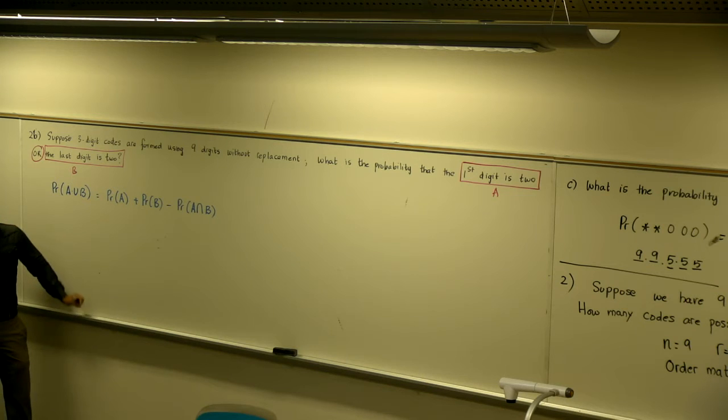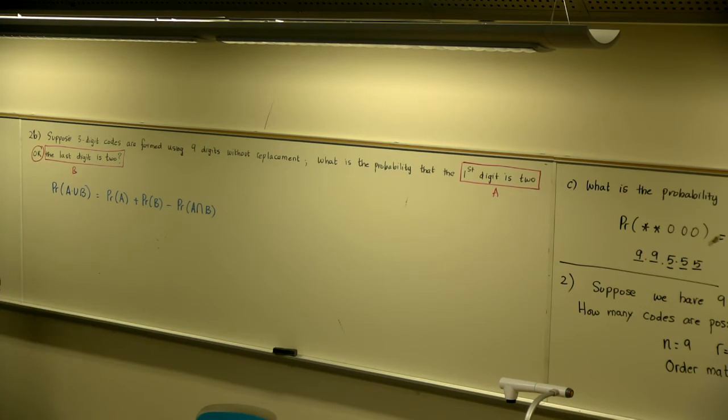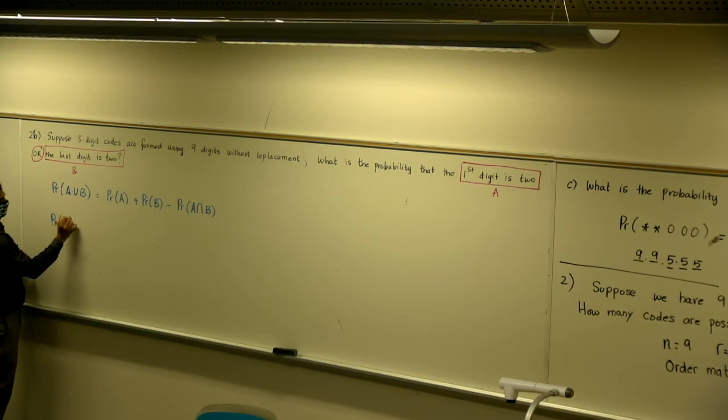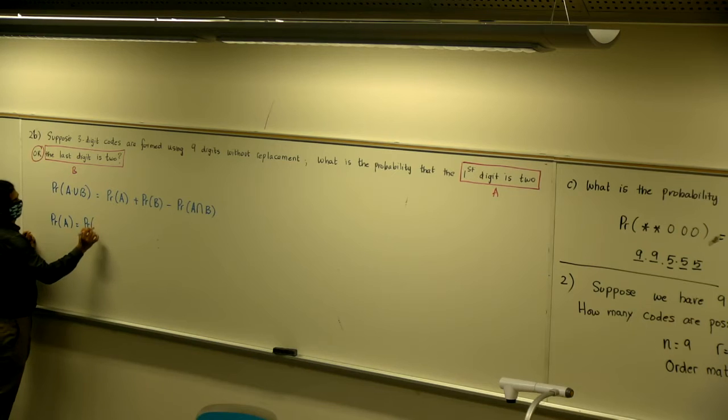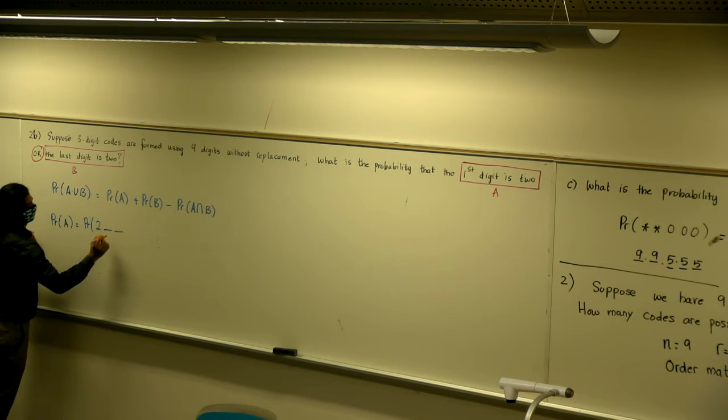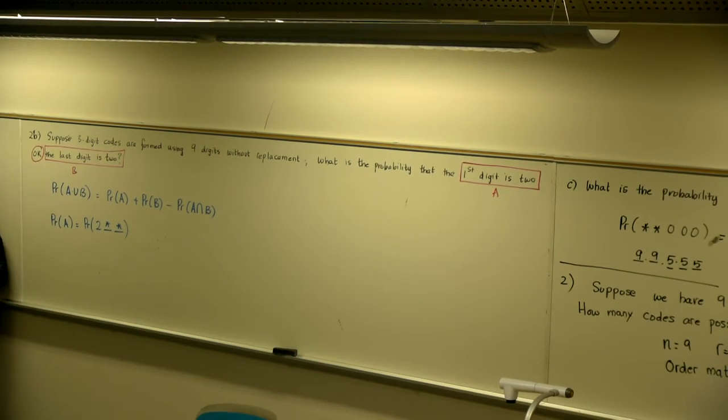So what is the probability of A? Probability of A simply states that the first digit is 2. So I'm fixing the first digit as 2, right?